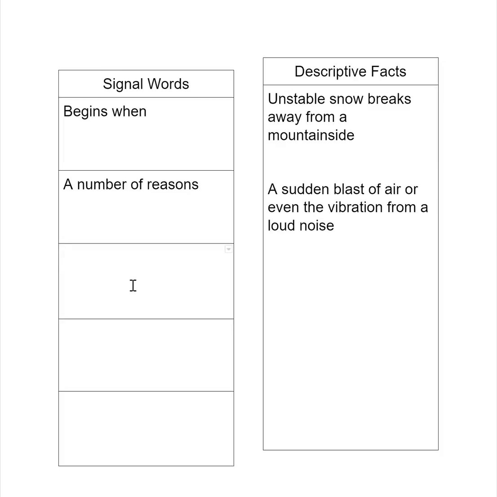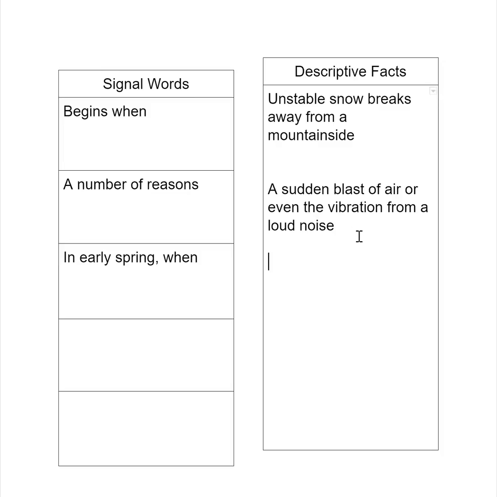Okay, our next signal, still in that same paragraph. It says many avalanches take place in early spring. When? In early spring. When, and now they're going to describe what happens in early spring.